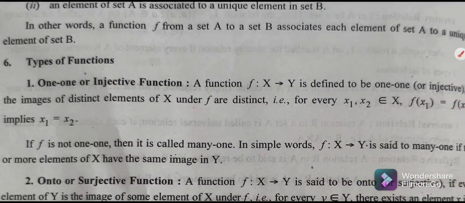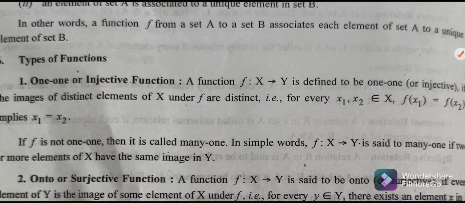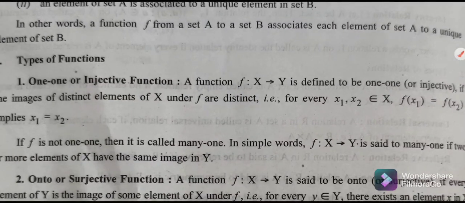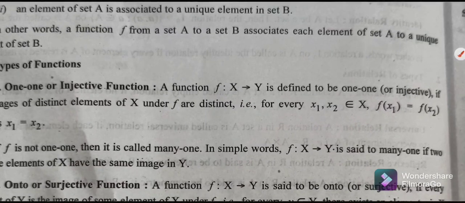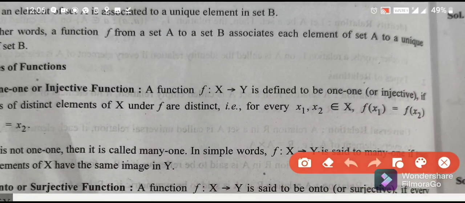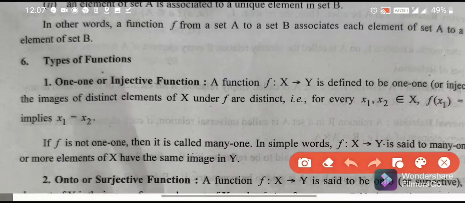A function is one-one if images of distinct elements of X under f are distinct. To prove that a function is one-one, we have to prove that f(x1) is equal to f(x2) implies x1 is equal to x2.